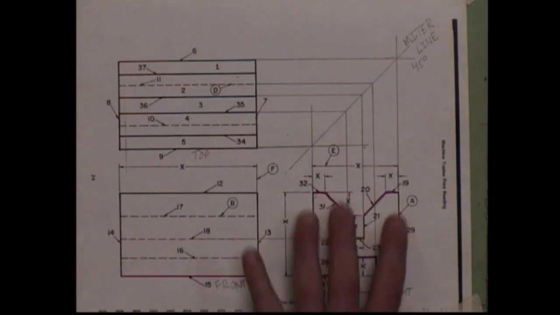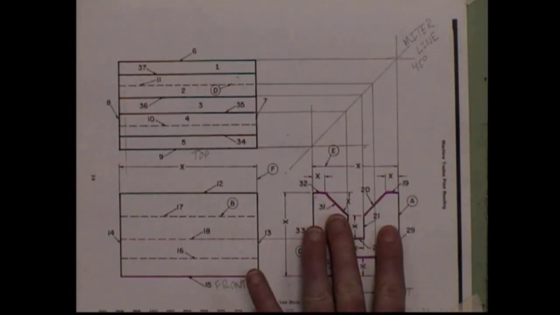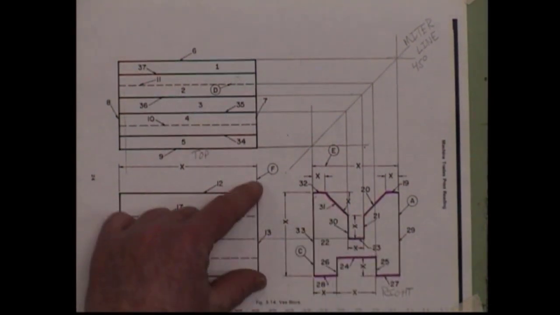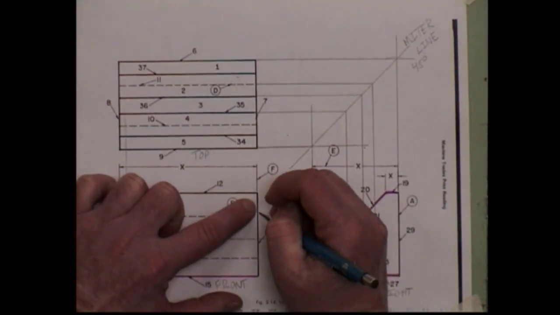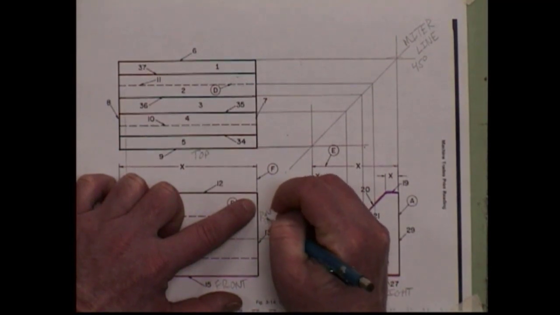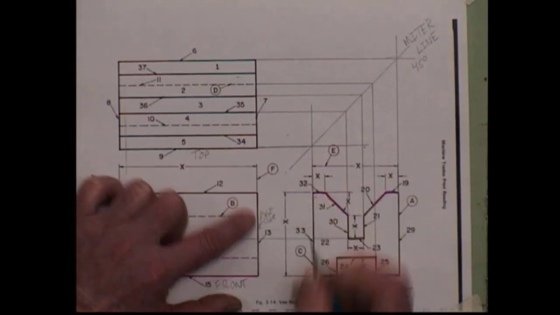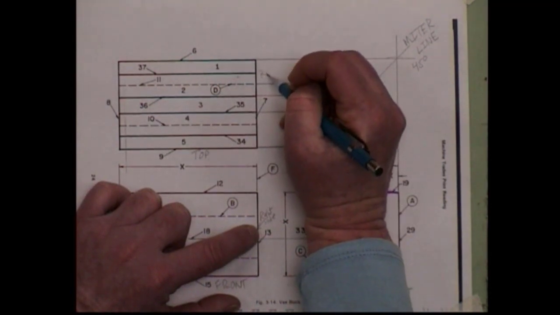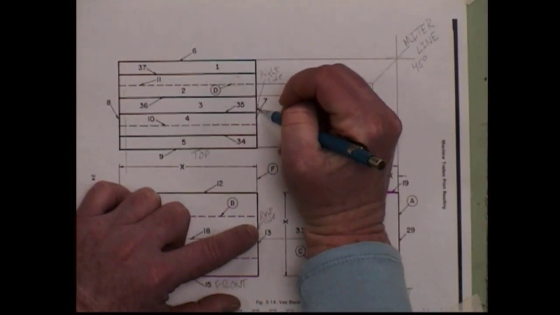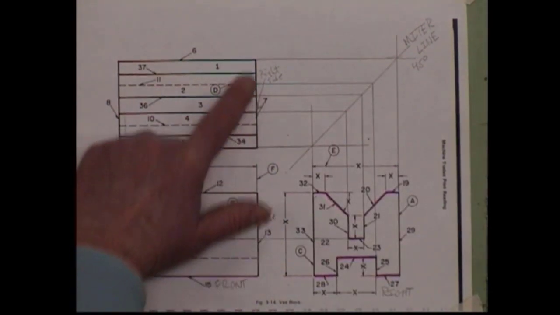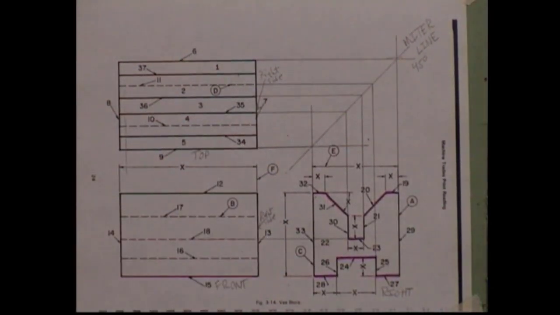So if surface 22 is this whole view here, then in the front view, it's going to be 13. Because this line 13 is the right side of the object, correct? And this is the right side of the object. Right? So 7 depicts the whole right side, 13 depicts the whole right side.